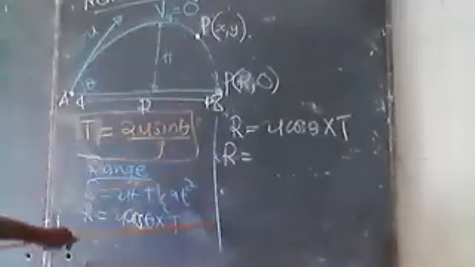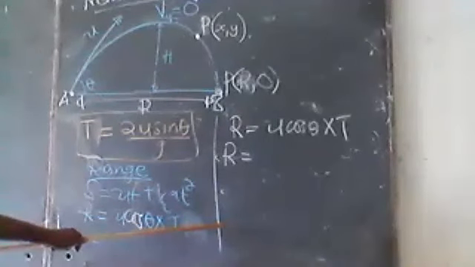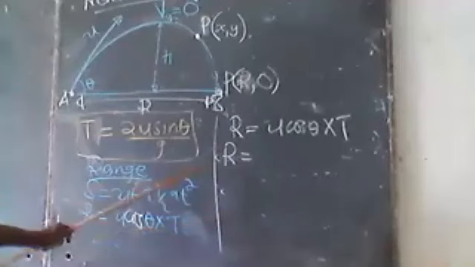So if I substitute for capital T, which was 2U sine theta out of g, you get what? U squared cos theta sine theta. U squared times, I want to rearrange this, 2 sine theta cos theta, the whole of it out of g.